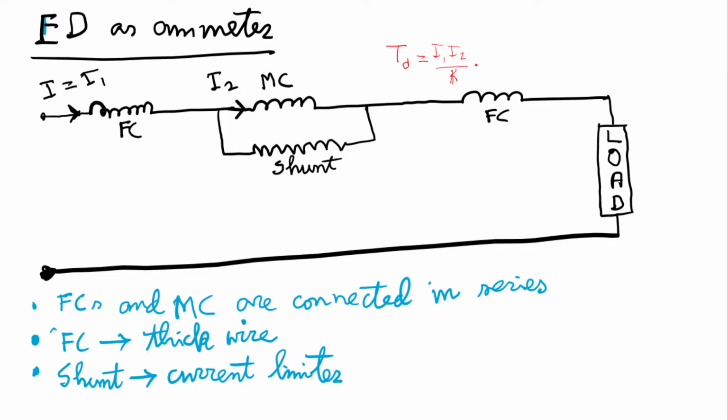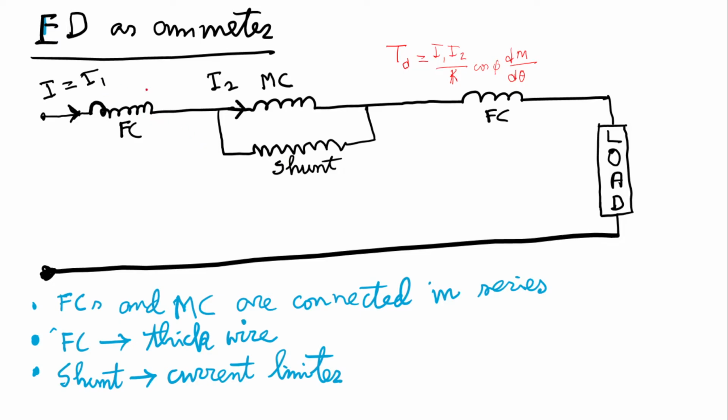If it is AC, then there will be cos phi. In case of DC, phi is 0, so cos phi will be 1, dM/dθ. That is the expression that you know. Now here in this case you can see that the fixed coil and moving coil are connected in series. Shunt is just for your current safety.